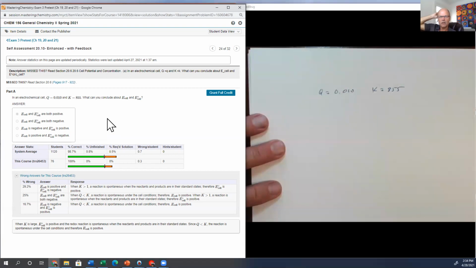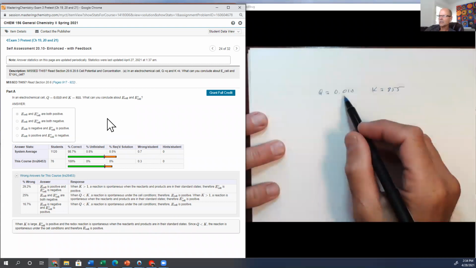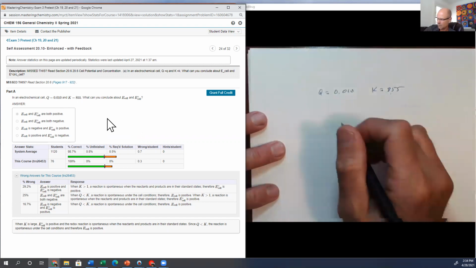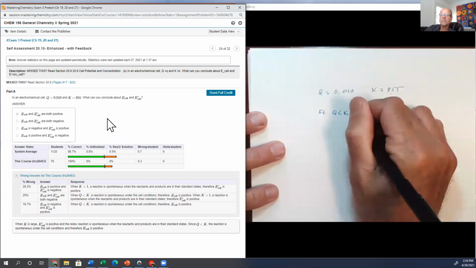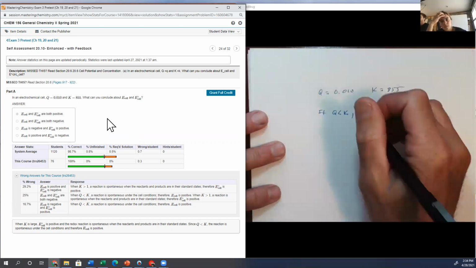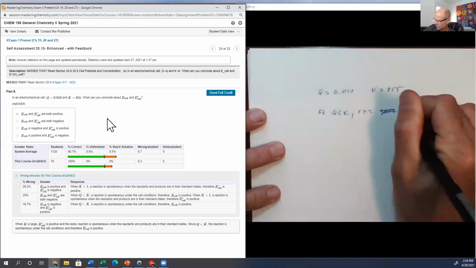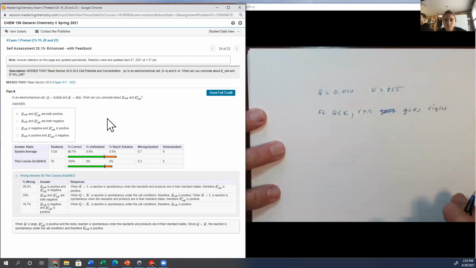So first of all, let's forget about electrochemistry for a minute and go back to our equilibrium chapter. What do you know about a reaction if Q is less than K? If Q is less than K, what can you conclude about the direction the reaction goes? The reaction goes to the right.